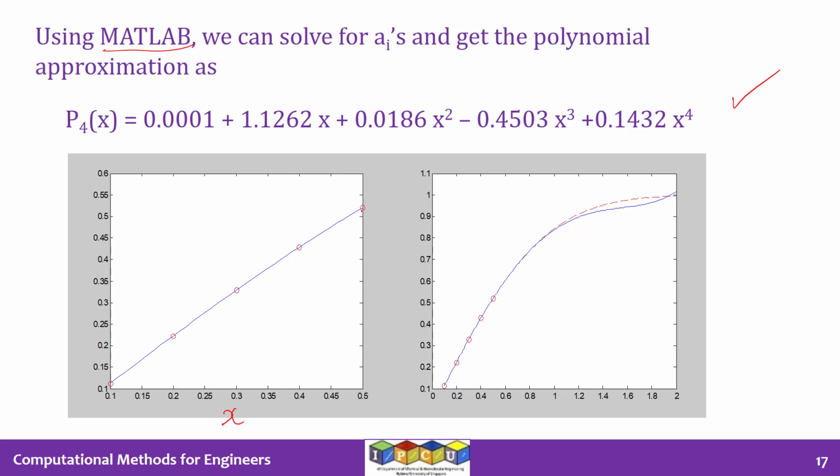But then what you do is you now try to look at the behavior of the polynomial and the behavior of the function beyond the range of experimental data. So the experimental data range stops right here at x equal to 0.5. Now you're looking at values of x up till 2.